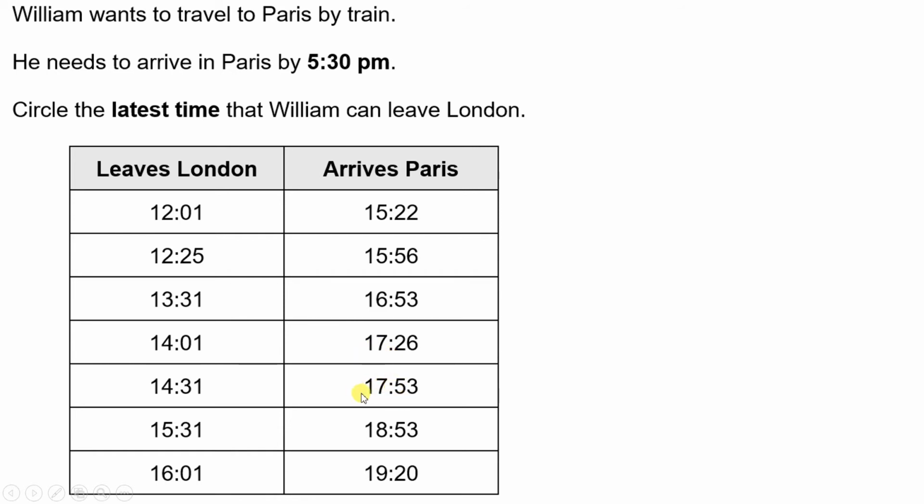So the 17:53 would be too late. He needs to arrive at 17:26, but it says circle the latest time that he can leave London, not the time when he arrives. So to get there by 17:26, he has to leave London at 14:01.